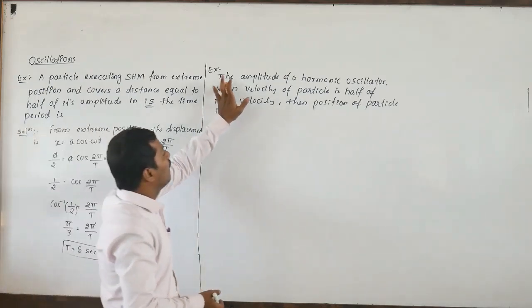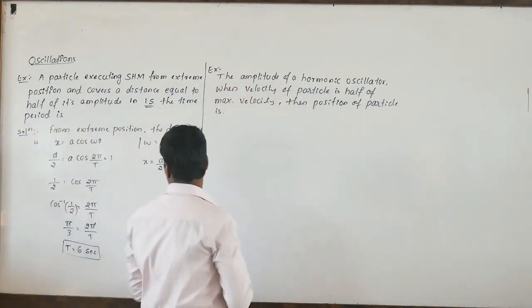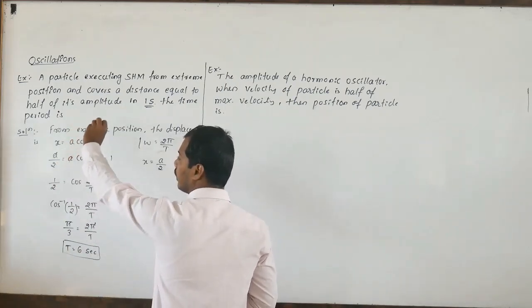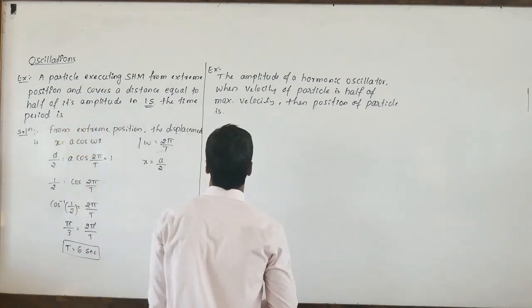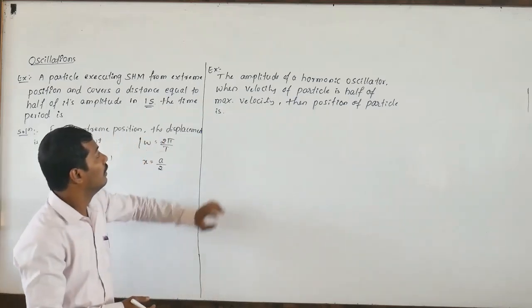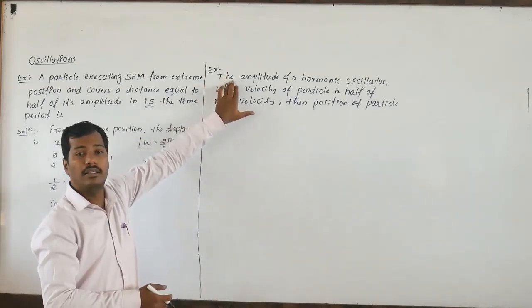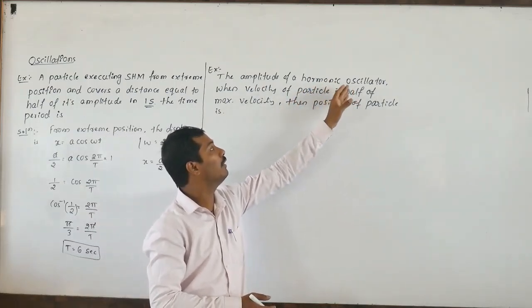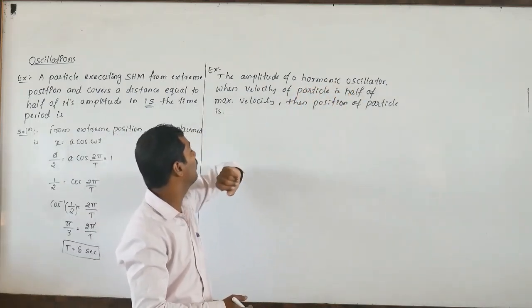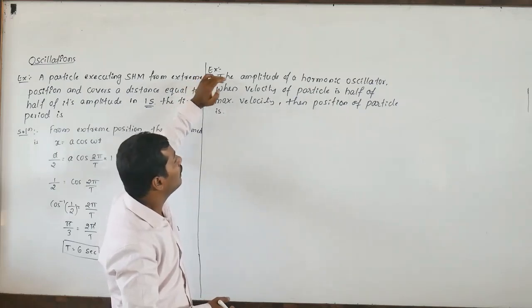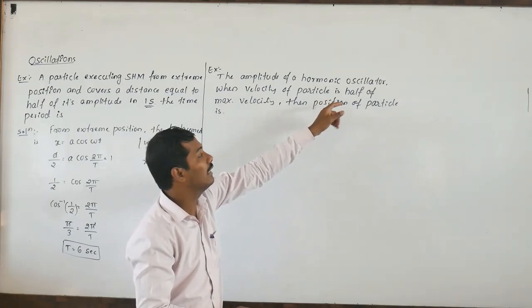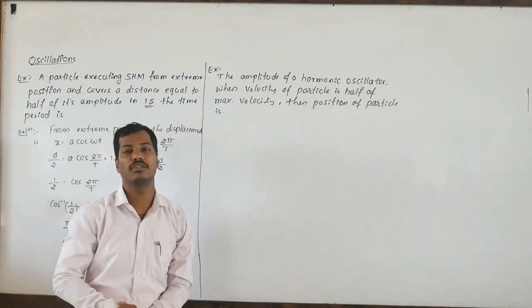Next one. One thing is over. By using this, we have to concentrate on what the given terms are here. Then the next one is the amplitude of the simple harmonic oscillator when the velocity of the particle is half of its maximum velocity.